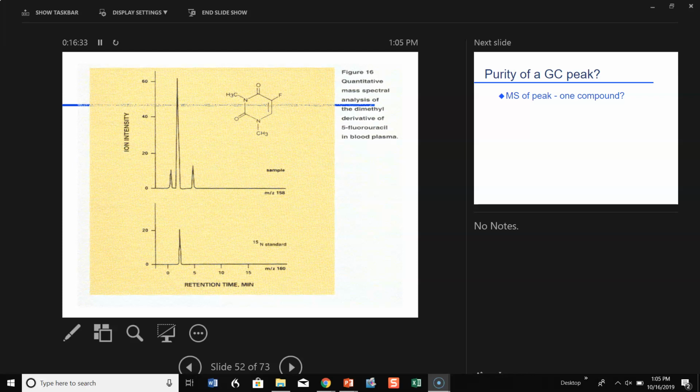And this is an example. I said benzaldehyde. This is a dimethyl group applied for uracil. And in this case, they went ahead and looked at a sample, looked at the masses of the two samples. This is your standard, and that would be a mass of 160.